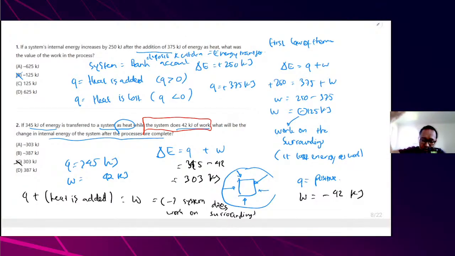So just illustrate the system as kind of like your bank account. If we apply this to the equation, 345 energy is transferred to the system, which means you deposit something, so your money will be increasing.